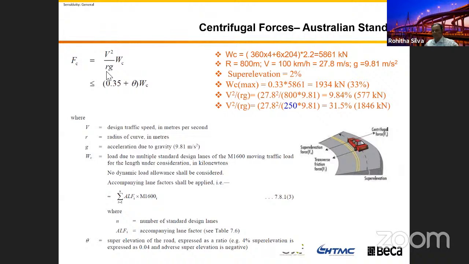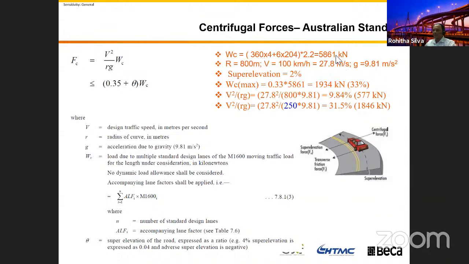You can calculate your R. For the same example, you have a 3-lane bridge. The radius of curvature of that bridge is 800 meters. The normal speed of the highways here is 100 kilometers per hour, equivalent to 27.8 meters per second. G is 9.81.